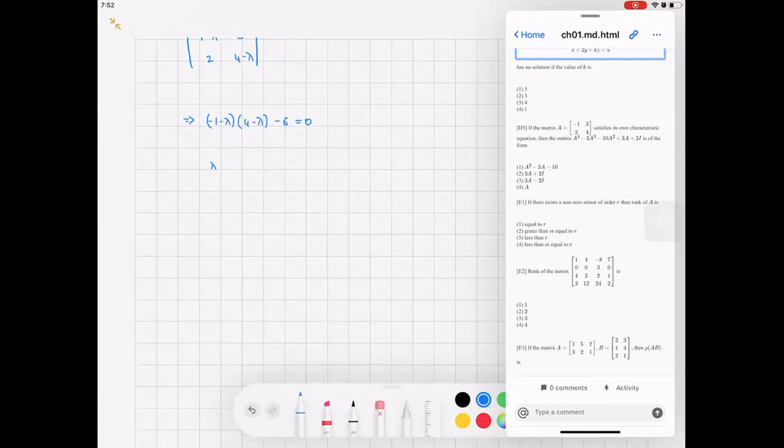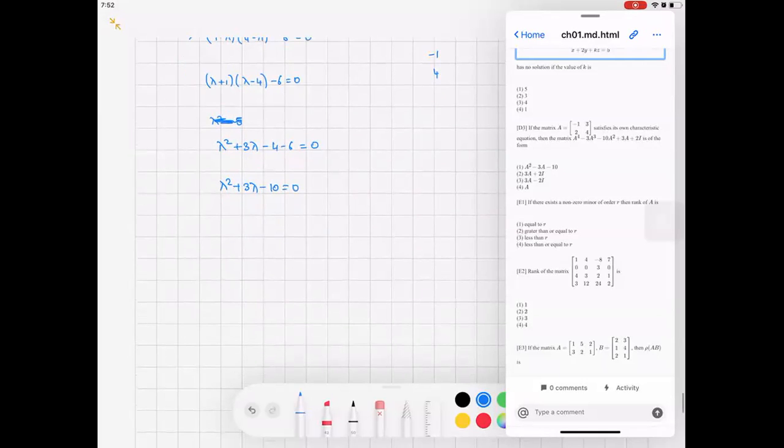So lambda plus 1, lambda minus 4, minus 6, gives lambda square plus 3 lambda minus 4 minus 6 equal to 0, lambda square plus 3 lambda minus 10 equal to 0.